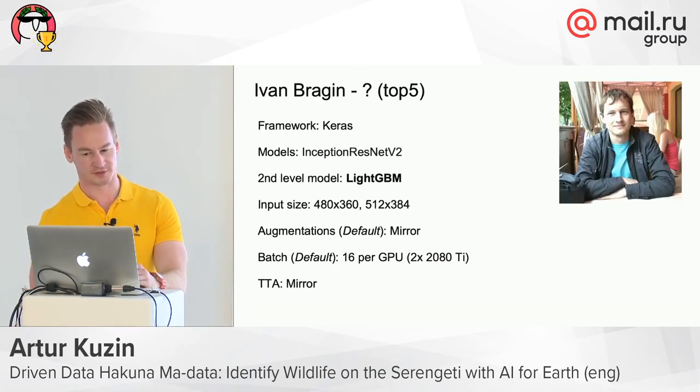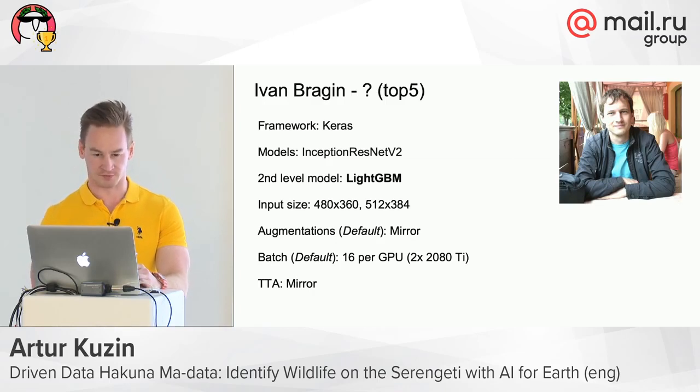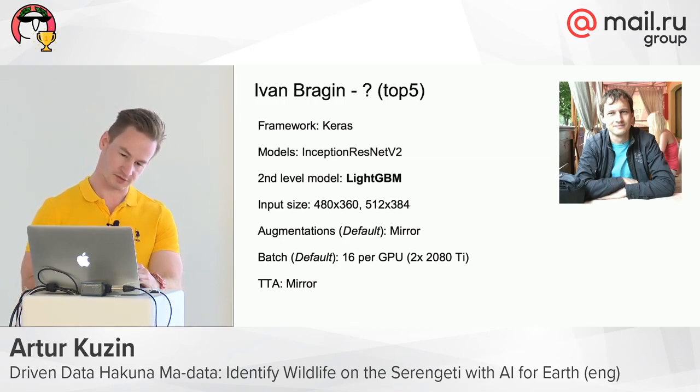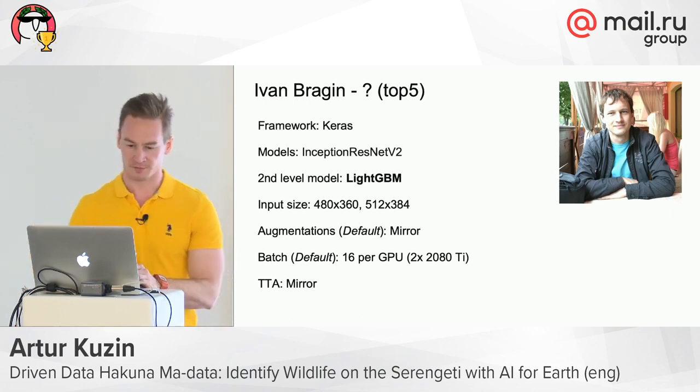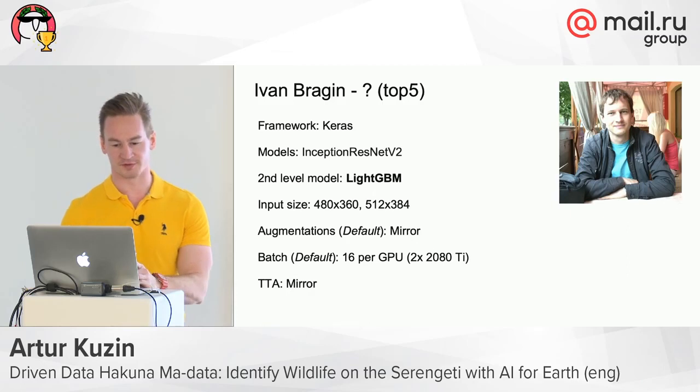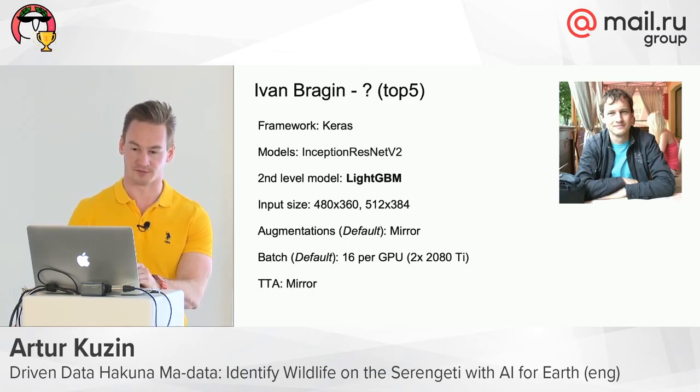Another solution that I found in the ODS Slack was from Ivan Bragin. He used Keras. The best model was Inception ResNet version 2, and he used a second level model, like GBM, because he believes it's important to find the empty images.